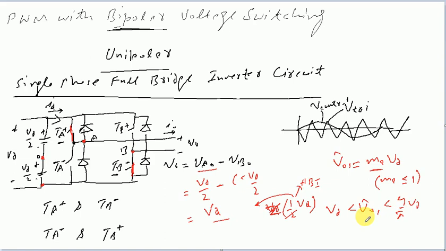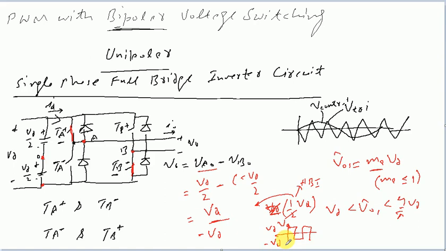In this particular case, as I mentioned a while ago, for the single phase full bridge inverter circuit, the output will be switching between Vd, while when the other pair of switches is on, the output will be equal to minus Vd. So the output pulse will keep changing its value between plus Vd and minus Vd.